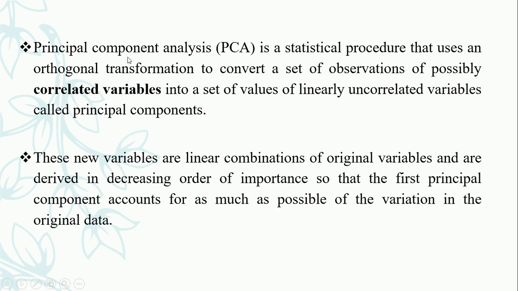So in the original data set we have correlated variables, and these correlated variables are transformed into a new set of linearly uncorrelated variables. So the new variables are linear combinations of original variables and are derived in decreasing order of importance, so that the first principal component accounts for the maximum variability as in the original data.